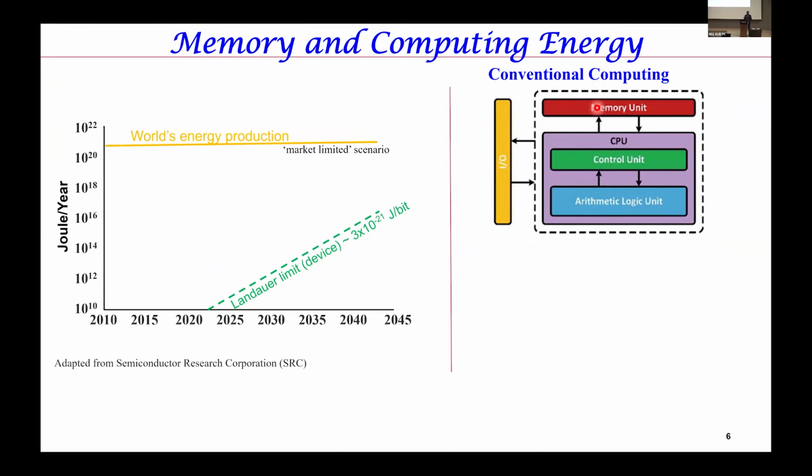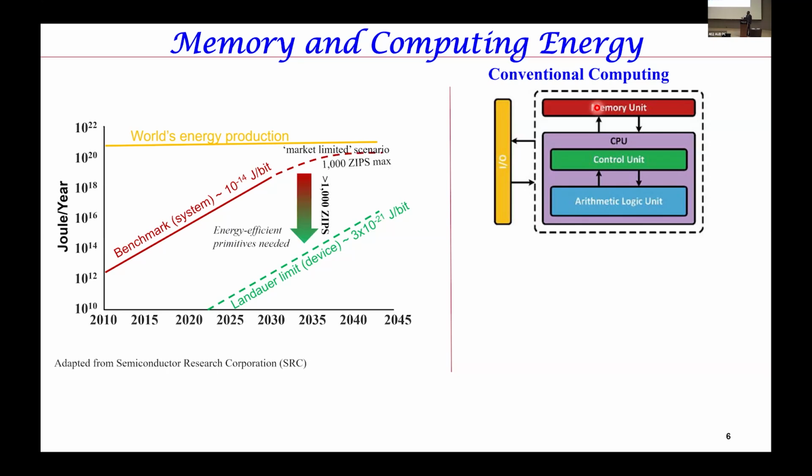If you look at the global production of energy, it's increasing linearly per year. However, electronic systems, we're talking about ICT, cloud computing, mobile computing, laptops, communication systems, all of these have been growing exponentially over the last couple of decades.